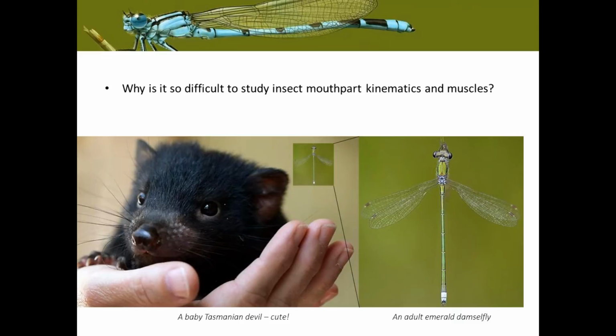So when you compare an insect head, for example, to a baby Tasmanian devil, which is already very small, you see that our main difficulty is the size of the insects.